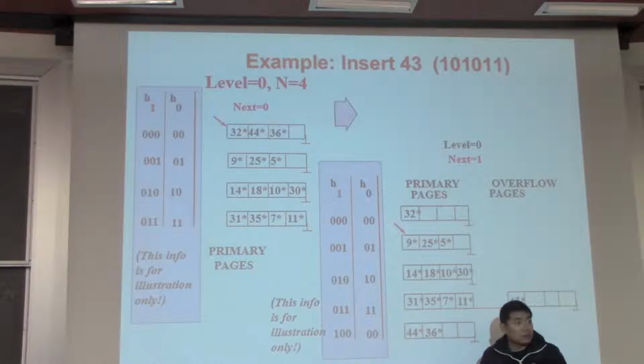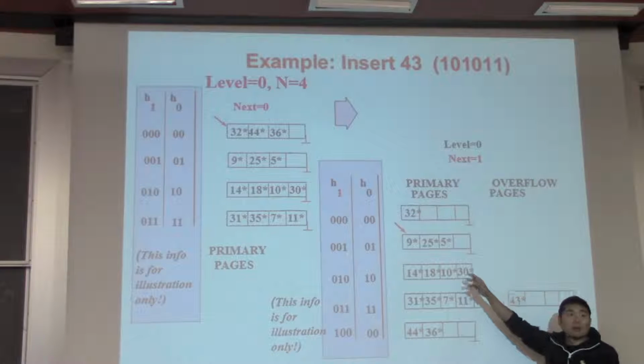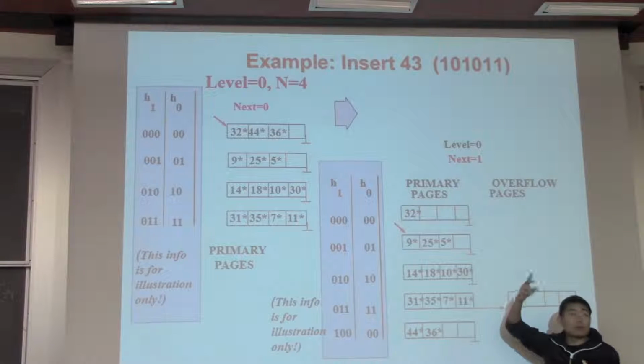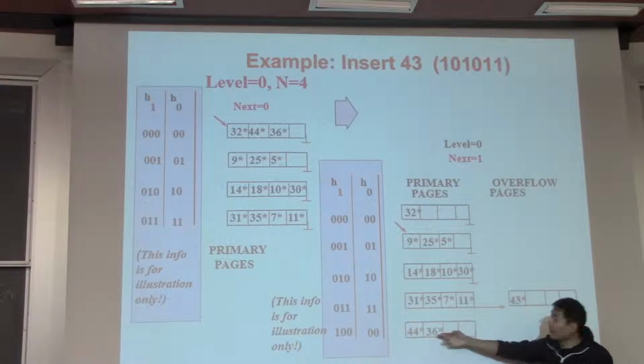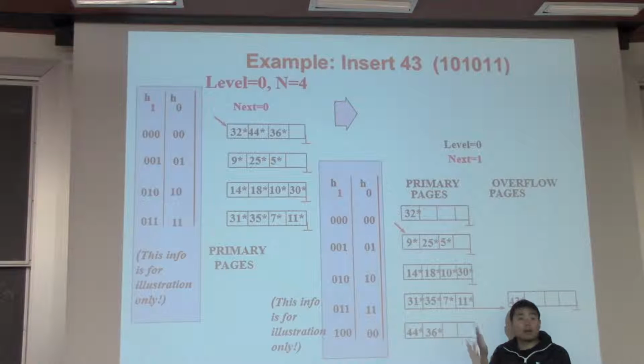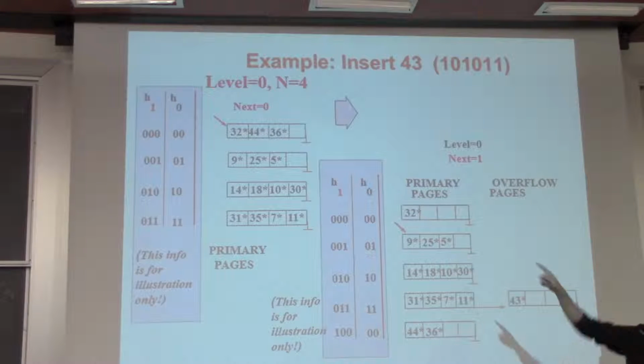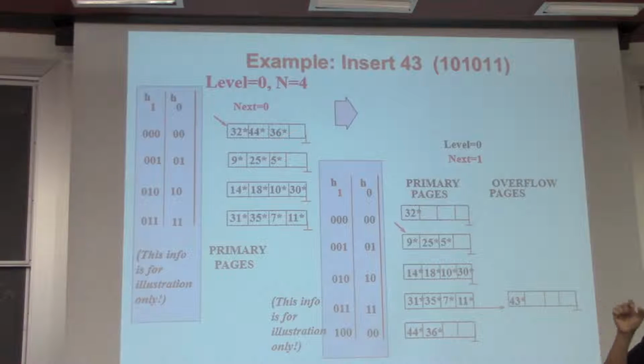You follow me? Okay? That's why 32 stays on top. Why? Because the last 3 bits of 32 are 0, 0, 0. And these two, 44 and 36, come here because the last 3 bits of these 2 guys are 1, 0, 0 instead of 0, 0, 0. But they were together in the first bucket at the beginning because the last 2 bits of all of them are 0, 0.